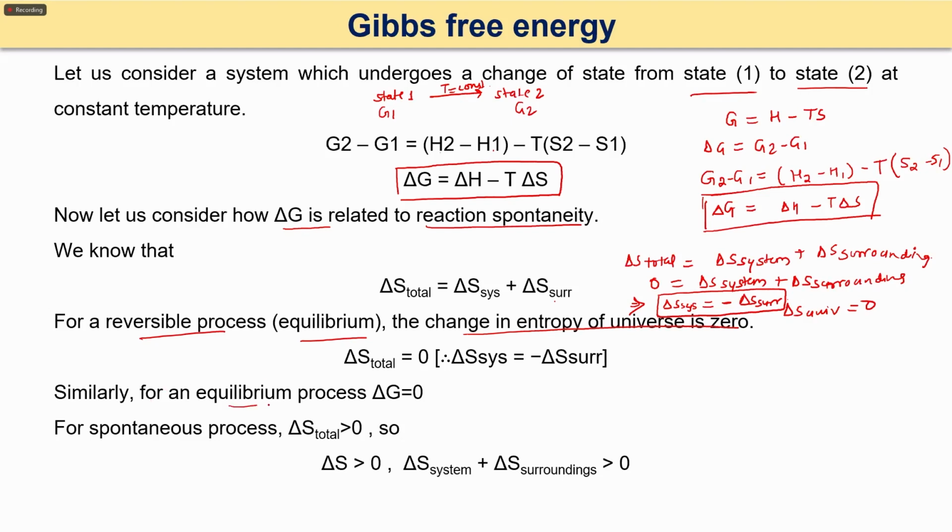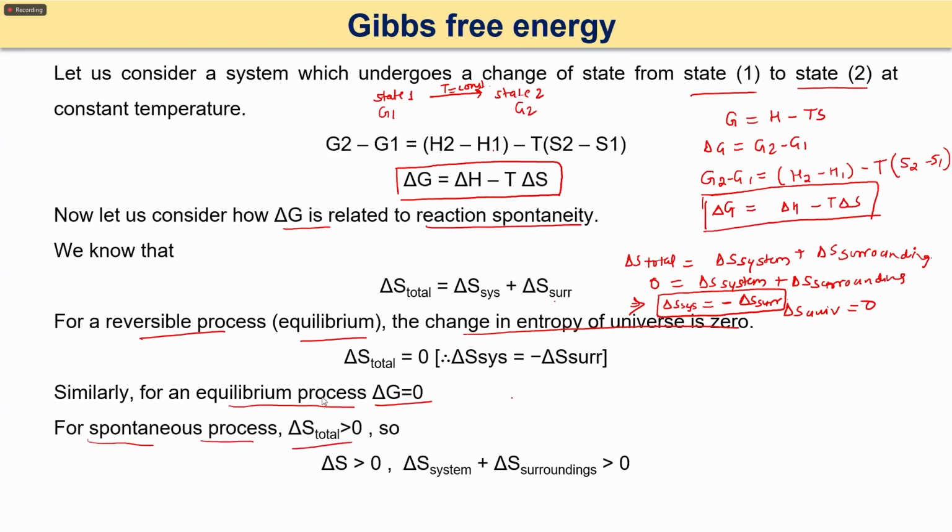Similarly, for an equilibrium process, your delta G equals 0. And for a spontaneous process, your delta S total is greater than 0. We know that in a spontaneous process, entropy always increases, so your delta S total will be greater than 0.